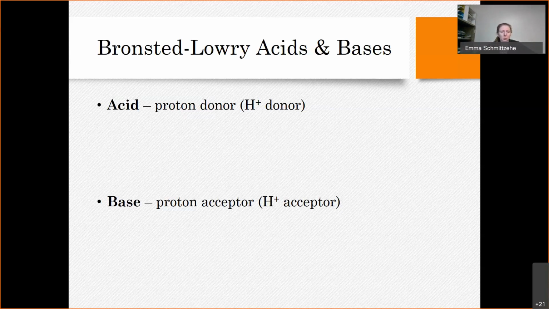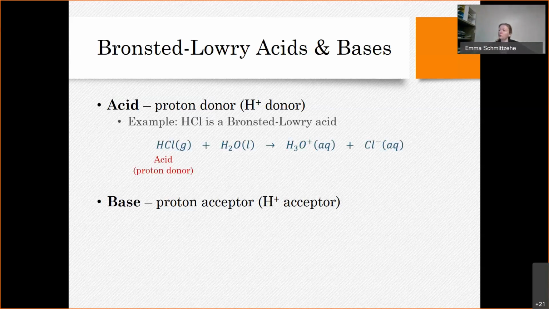So an example of a Bronsted-Lowry acid would be HCl. We can also classify that, like I had on the last slide, as an Arrhenius acid. Either way, this is the second way I had written the reaction on that first slide. So when HCl interacts with water, that HCl molecule donates the H plus.